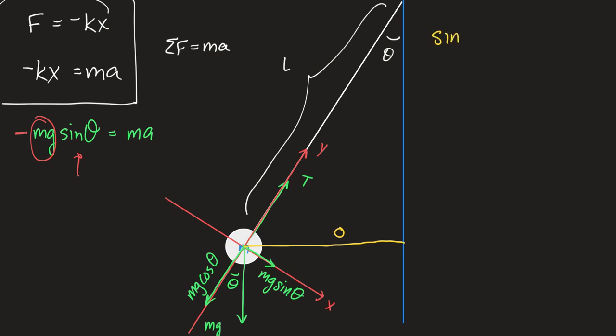So sine of theta could equal the opposite side divided by L. Does that make sense? So I could modify my force equation and work in minus mg times the opposite side over L equals ma.